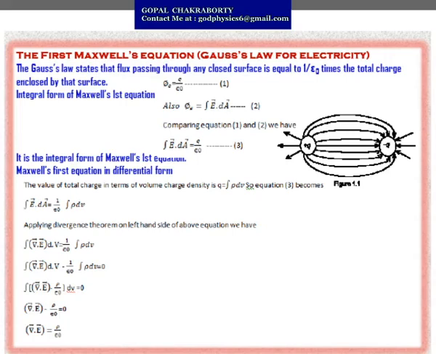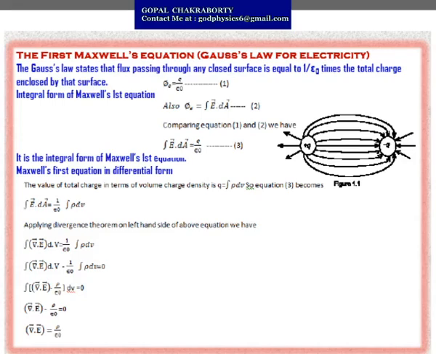As you know, the charge density rho equals charge per unit volume. So the integration of dV gives you the total volume, which means charge density into volume gives you the total charge enclosed by the surface.